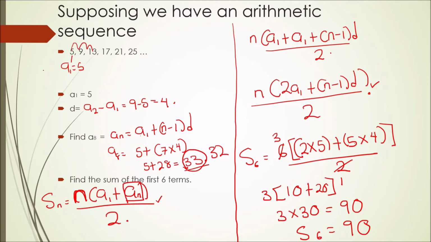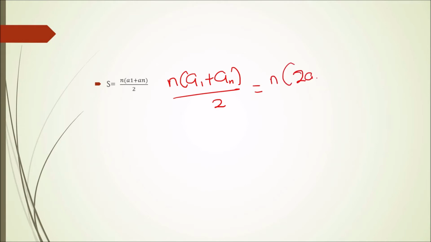So yes, if we say 5 plus 9 plus 13 plus 17 plus 21 plus 25, that will give us 90. Now let's move on. So this is the formula: S will be n bracket a1 plus an over 2, and we can extend it more and say n times (2a1 plus (n minus 1)d), everything over 2.